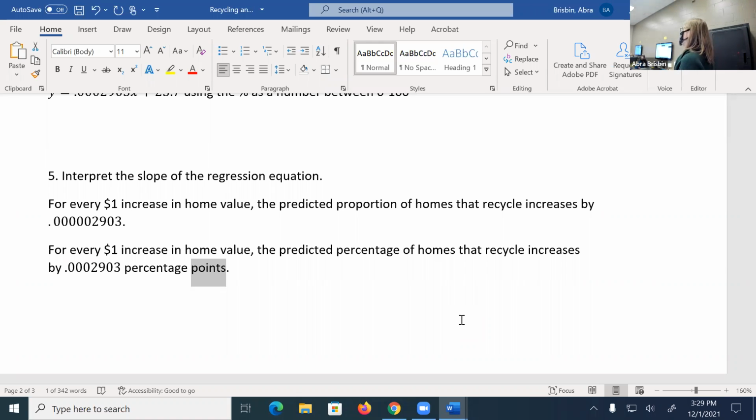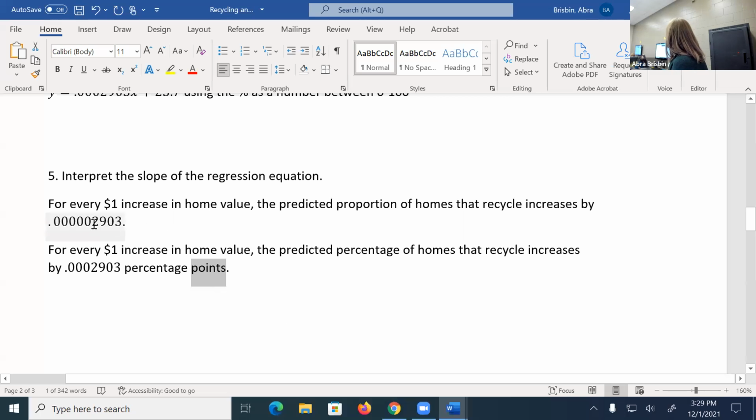If you were earning $50 and you increase by 10%, you add on 10% times the $50. So your salary becomes $55. So instead of saying the 0.0002%, by saying percentage points, that's trying to emphasize that we're adding an amount to the percent. We're not increasing the percentage by multiplying it by something.